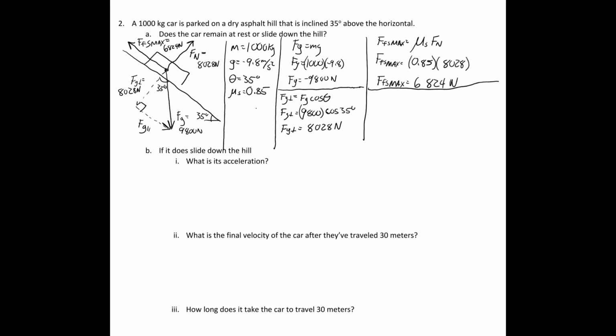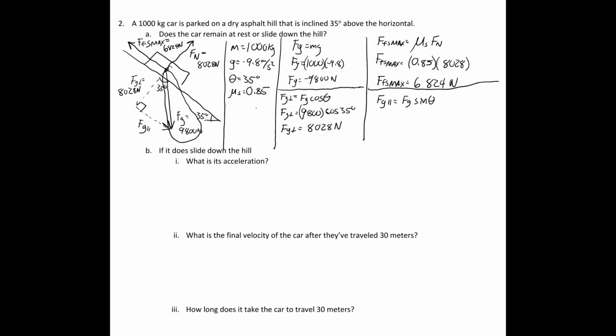So what is the force exactly that's causing us to go down the hill? F_g parallel. Let's figure out what that is. F_g parallel is equal to F_g, do you guys remember, sine theta. How do we know that? Here's your angle. This is opposite your angle. We're also going to use the hypotenuse.